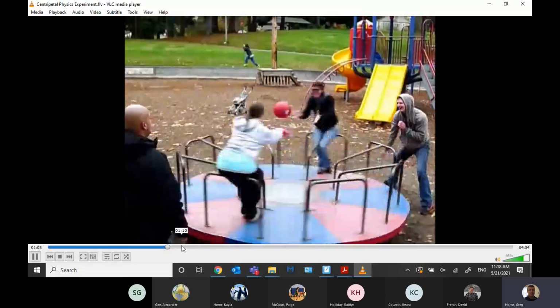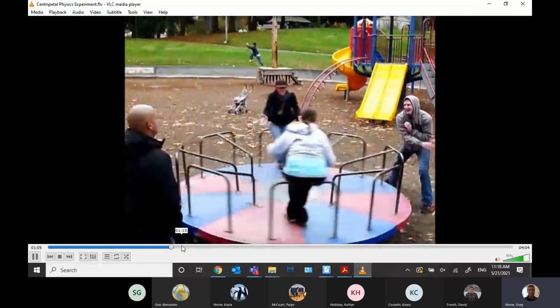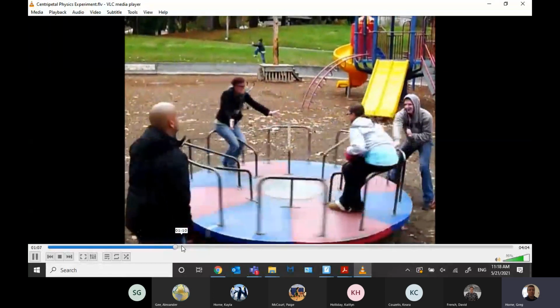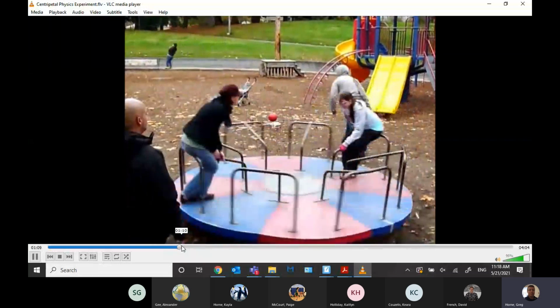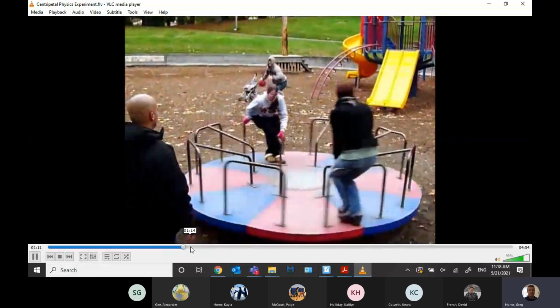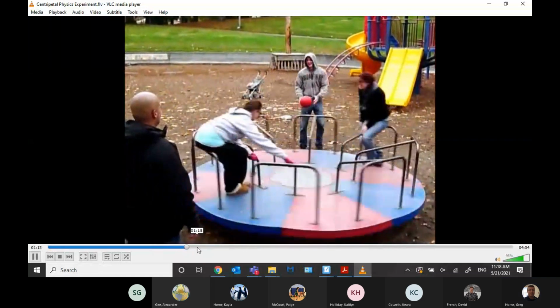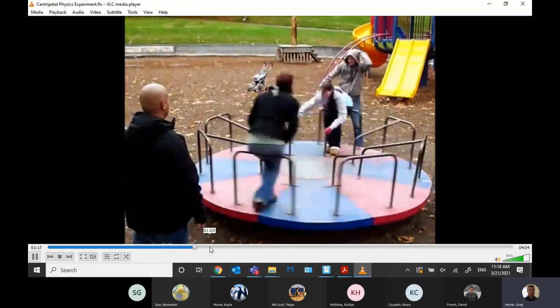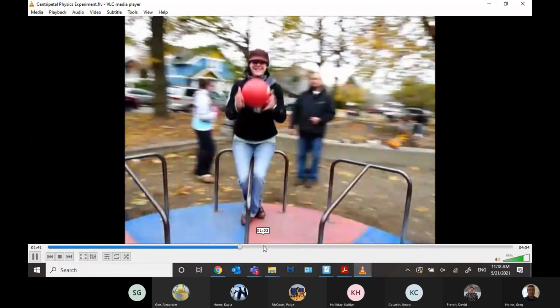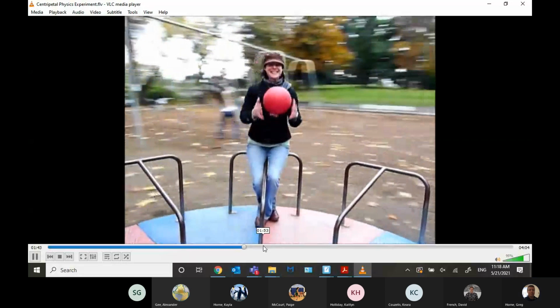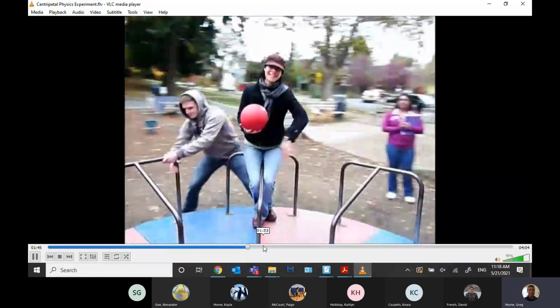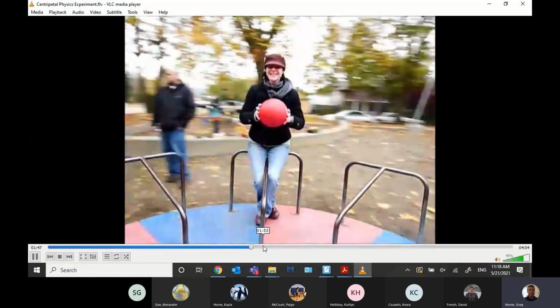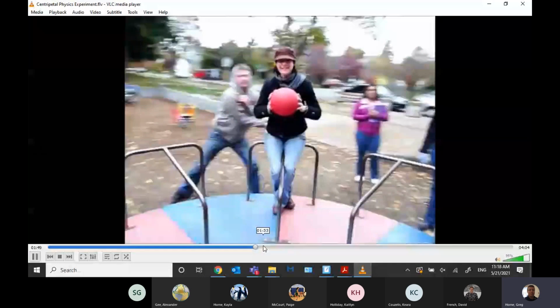So if you ever have a chance to do this, you know what you're trying to do. So the person tries to throw it towards the other person, and it curves off to the side because of the Coriolis effect. If they're not just sitting and trying to roll it, it'd be a lot easier. So from the point of view of the other person, you're going to see them throw it, and it's going to go veering off.